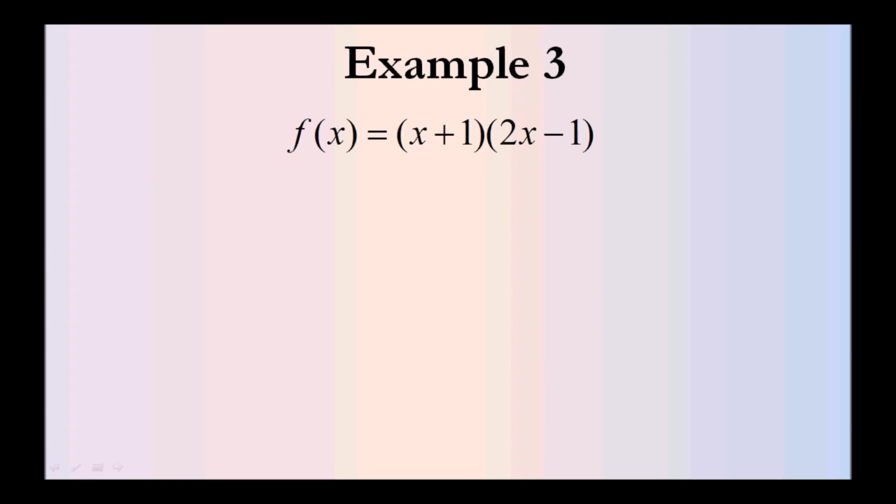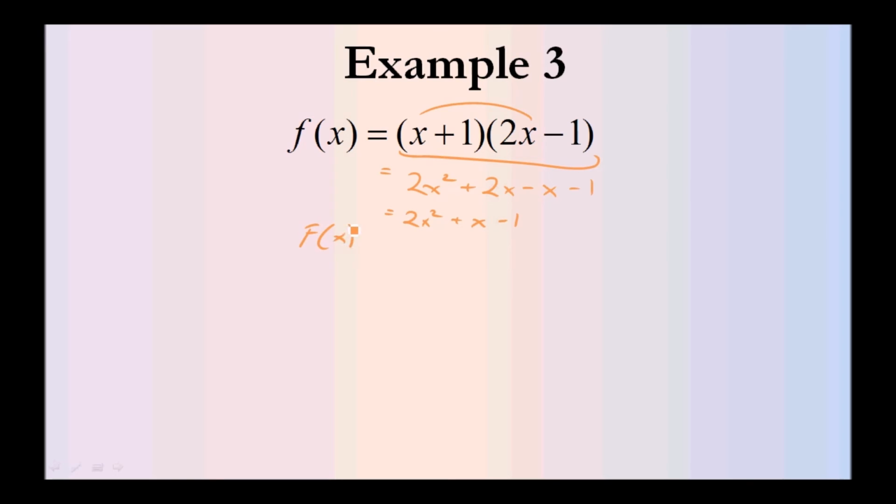Example 3. Here we have two binomials multiplied together. As such, we will first rewrite the function as the product of these two. So we get 2x squared plus 2x minus x minus 1, giving us 2x squared plus x minus 1.